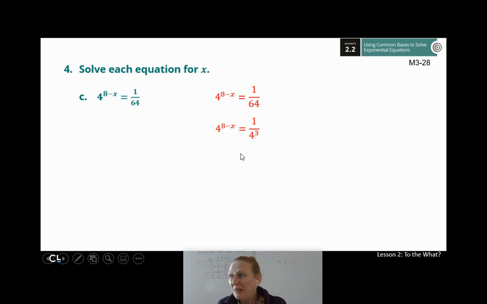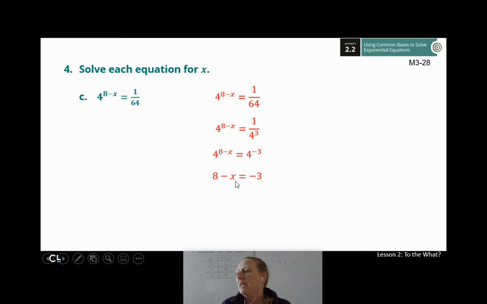This was in the numerator, this was in the denominator. Don't want that. So I rewrote this. Remember our boot camp from earlier? I rewrote this as 4 to the negative 3 power. And now that I have this written as 4 to the negative 3 power, my bases match. I have a 4, I have a 4.